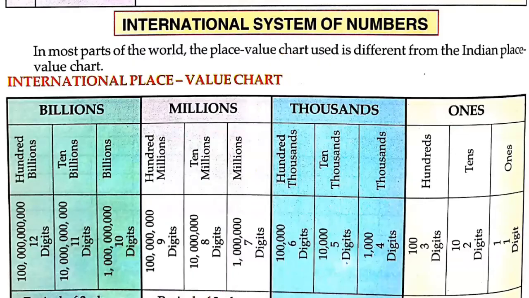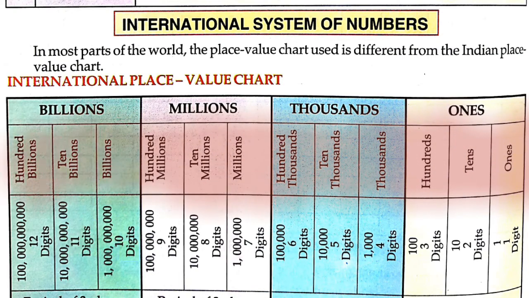But in the international system we use 1, 10, 100, 1000, million and billion. 1, 10, 100, 1000 we use in both systems.